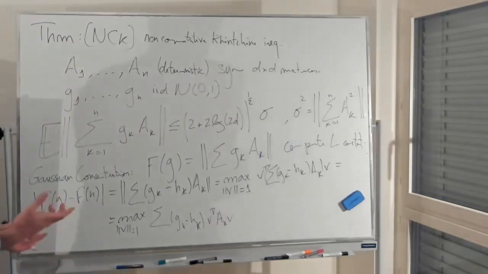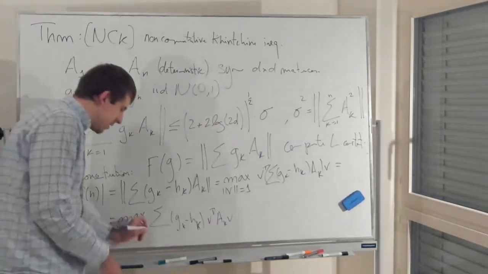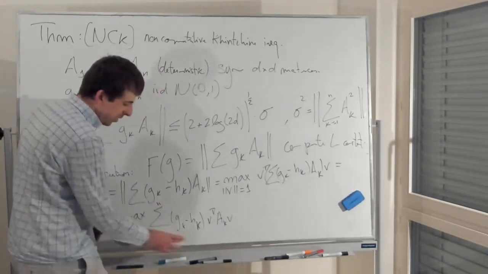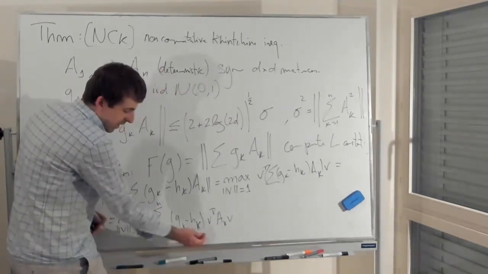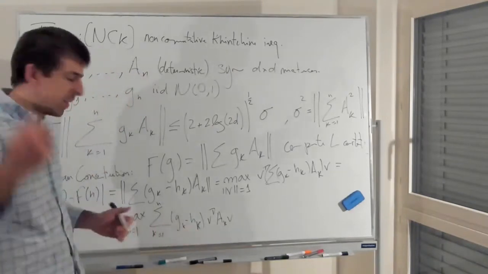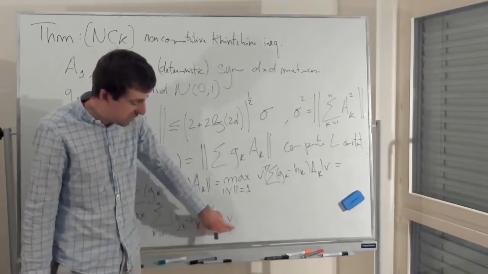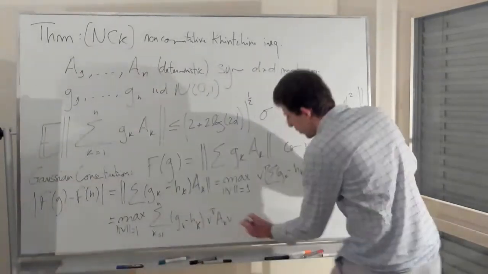Okay, so now we have Cauchy-Schwarz again, because all this is an inner product. This goes from k equals 1 to n. This is an inner product between the vector whose kth entry is g_k minus h_k, and the vector whose entry is v transpose a_k v. So again, Cauchy-Schwarz.